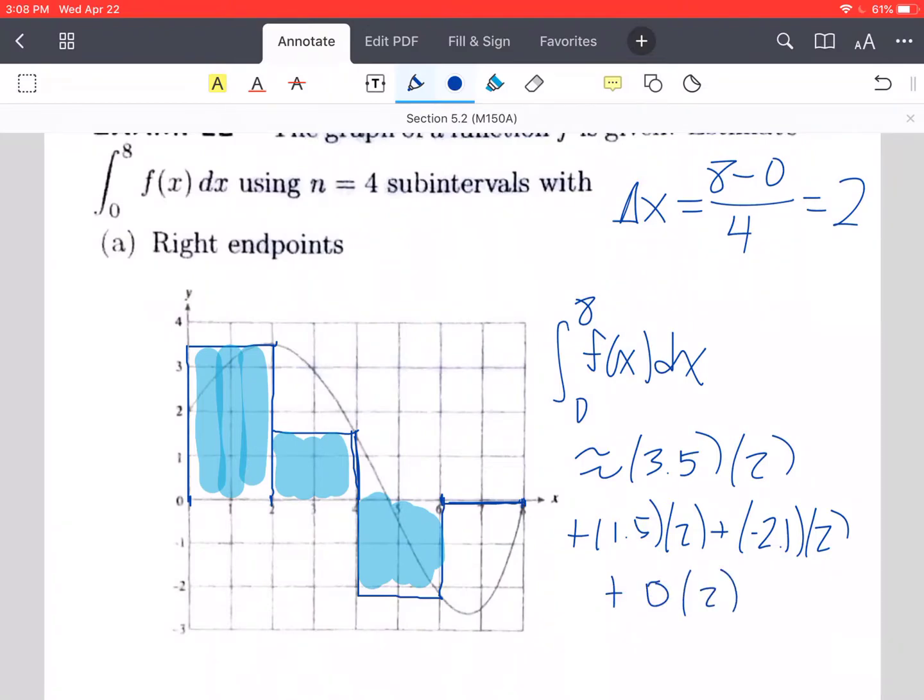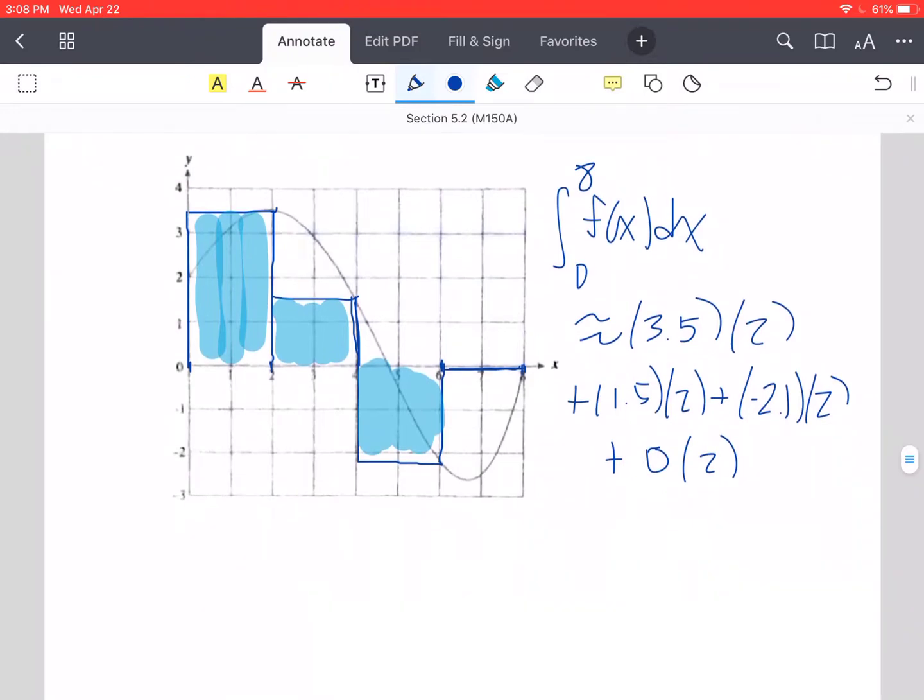All right, no height on that last one. So that gives us 7 plus 3 minus 4.2 plus 0, of course. So that's going to be 5.8. So we get 5.8 for our approximation using the right-hand endpoints.